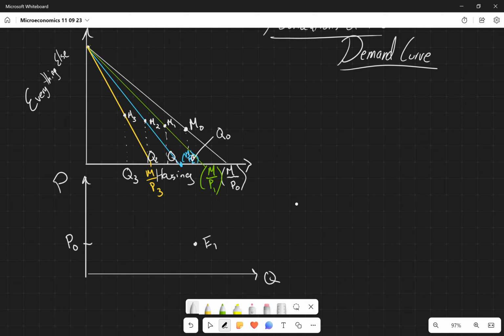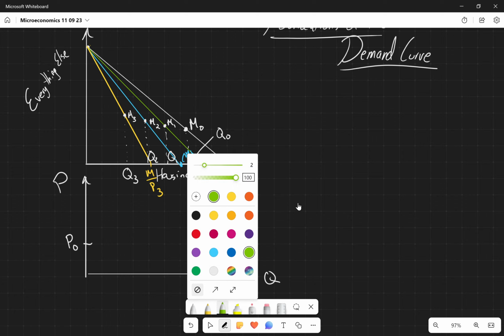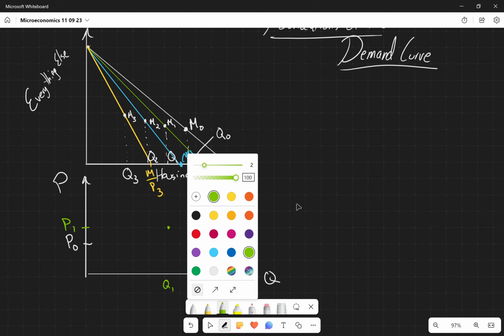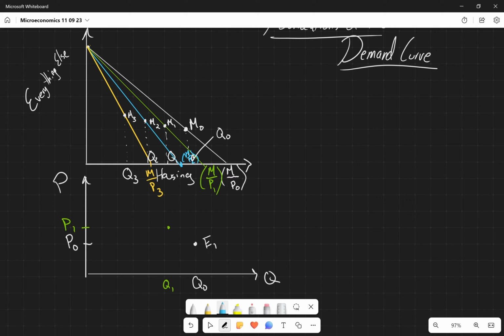So we label this one E1. When we increased the price to P1, we saw that the quantity of housing shrunk from Q0 to Q1. Same thing happened as the price of housing rose again to P2.